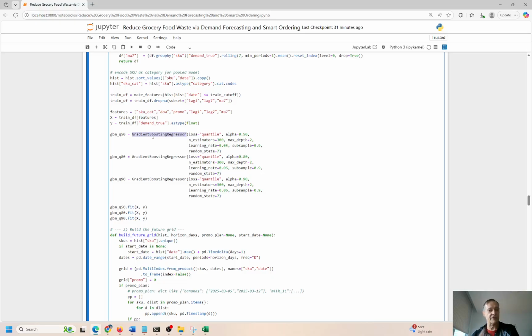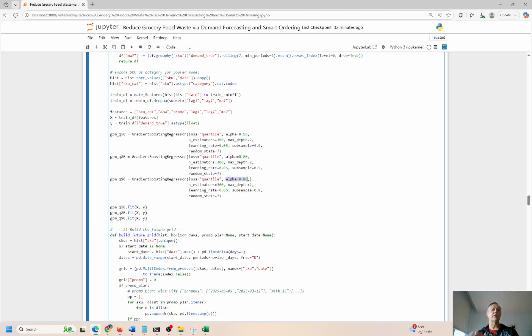Okay, so we have three different instances where we're running the model. So here is with alpha at 0.50. This is going to be the most likely scenario. We are going to look at alpha 0.80, right, and get the GBM 80, and the GBM 90 comes from here, alpha 0.90.